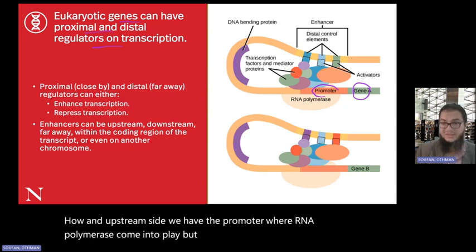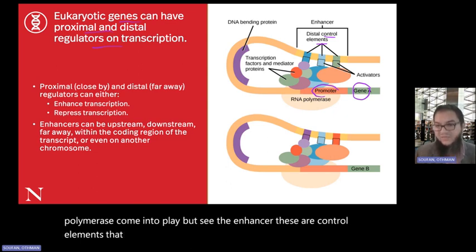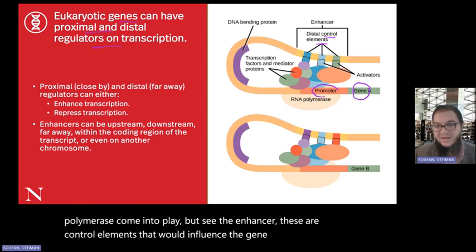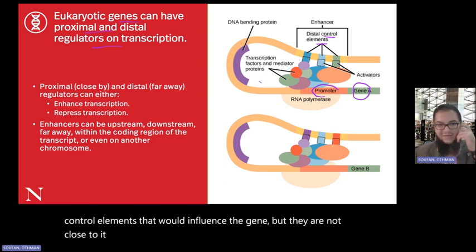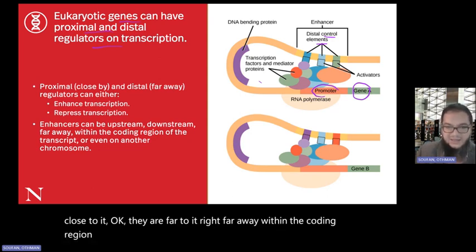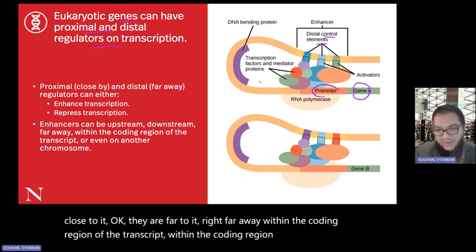But see the enhancer, these are control elements that would influence the gene, but they are not close to it, okay? They are far from it, right? Far away within the coding region of the transcript.